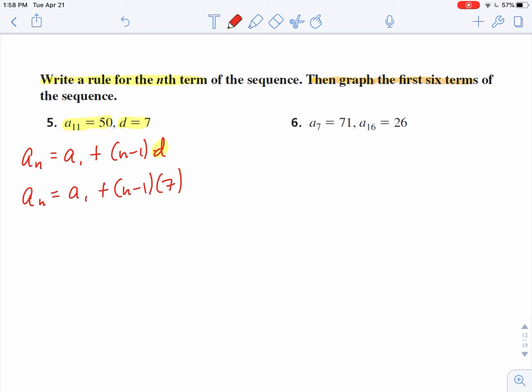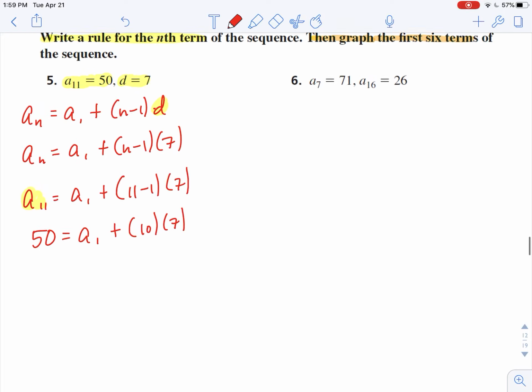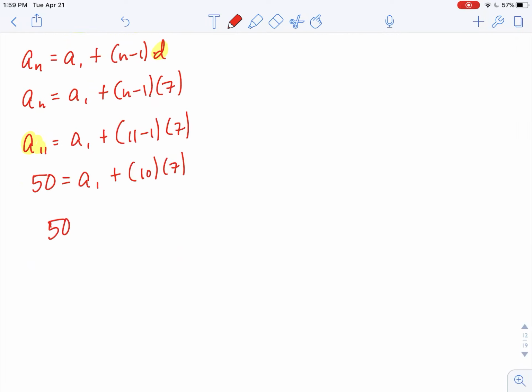So a sub 11 is equal to a sub 1 plus 11 minus 1 times 7. But a sub 11, they previously told us, is 50. So 50 is equal to a sub 1 plus 10 times 7, which of course is 50 is equal to a sub 1 plus 70. Subtract 70 from both sides. Negative 20 is equal to the first term.